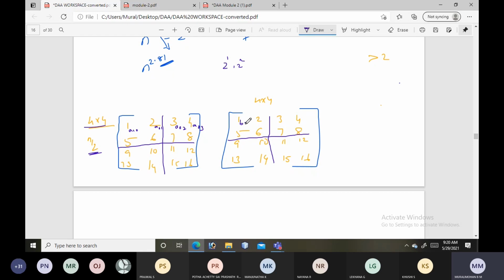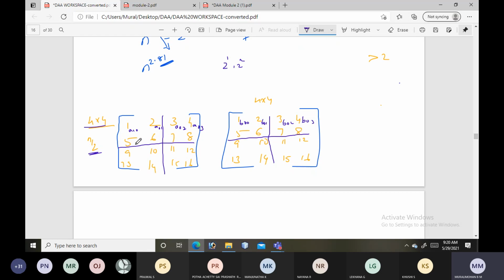So it is B00, B01, B02, B03, whatever it may be.